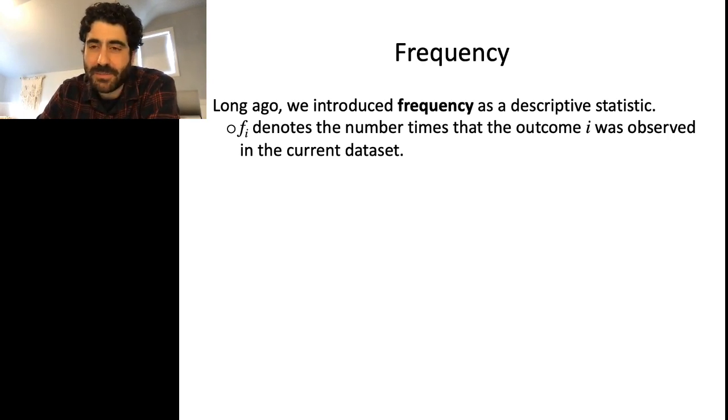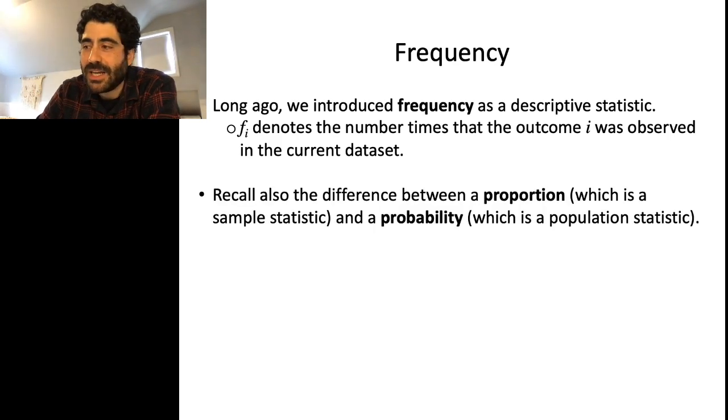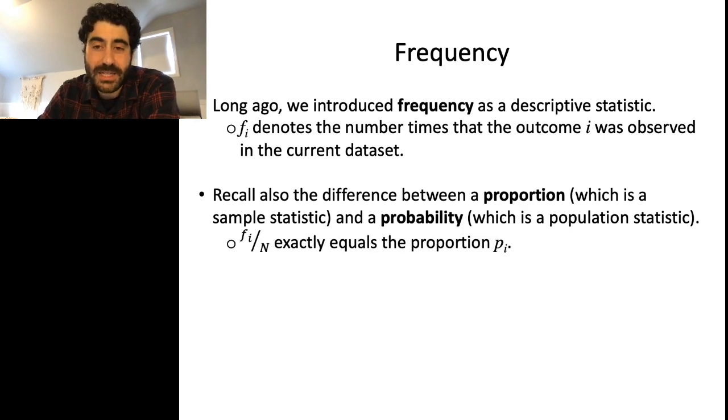And just to refresh your memory on some other terminology, we also talked about proportions, which are the fraction of the samples in the data set of each type. So if we want to get the proportion of people that answered red as their favorite color, we would just count up the number of people that answered red and divide by the total sample size. And this proportion is different than the probability, because the probability is this population parameter that we can't directly observe.